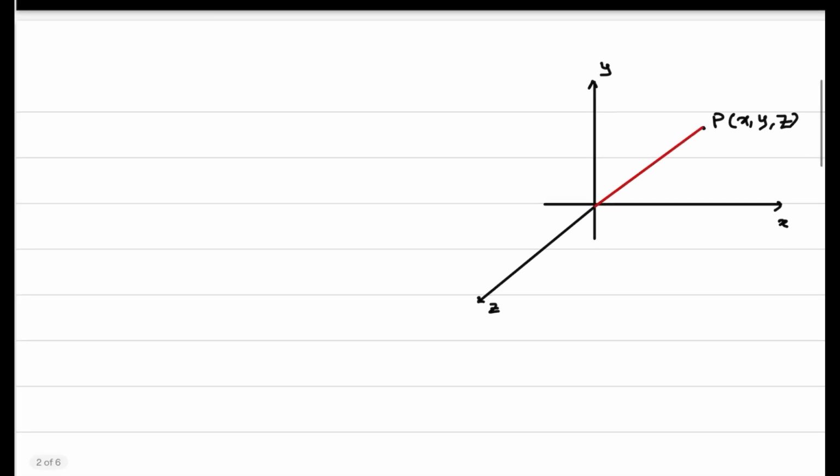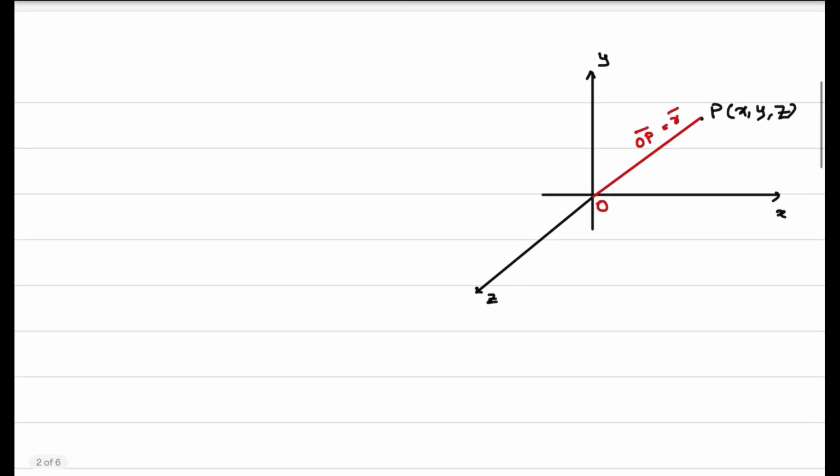Positional vector is from O to P. Now, this positional vector OP, we can also say it as R from O to P, that is the displacement, linear displacement.